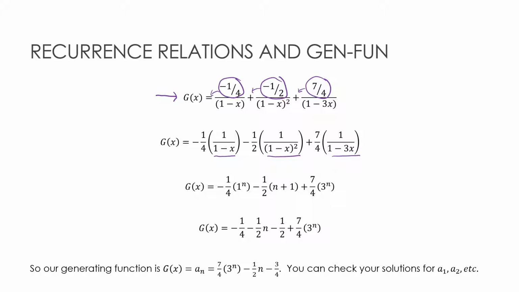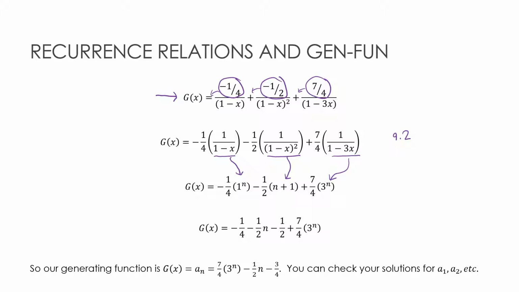Now, if you'll recall, back in video 9.2, we spent a lot of time talking about generating functions and what their coefficients were. So I went back in the vault from 9.2 and said, this one gives me 1 to the n. That is the coefficient for that generating function. This one gives me n plus 1, and this one gives me 3 to the n.